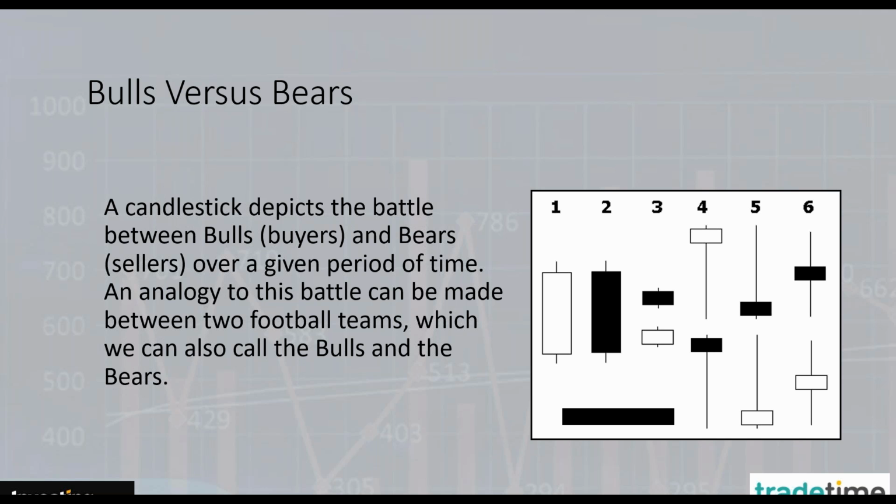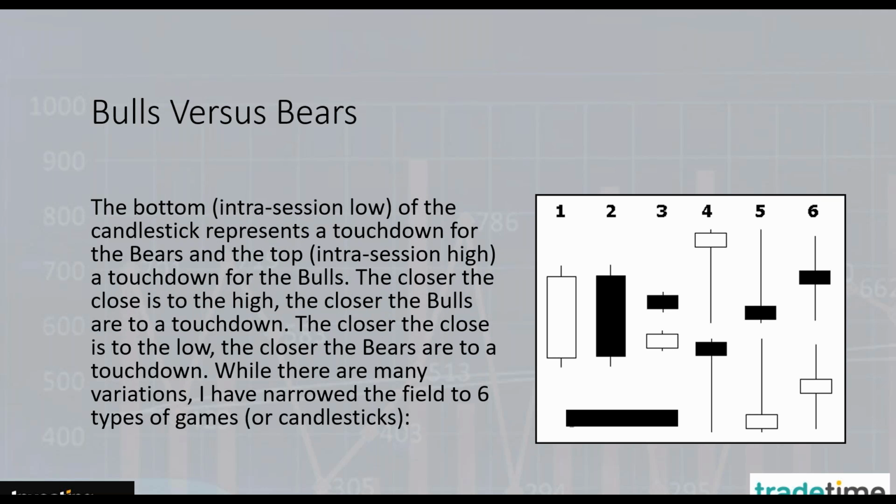And I'm going to tell them to you like football teams, because I'm from the States originally, and I was a big football fan. So in the first example, we have a bullish candle, and we see it's a big wide body candle with 2 wicks above and below.